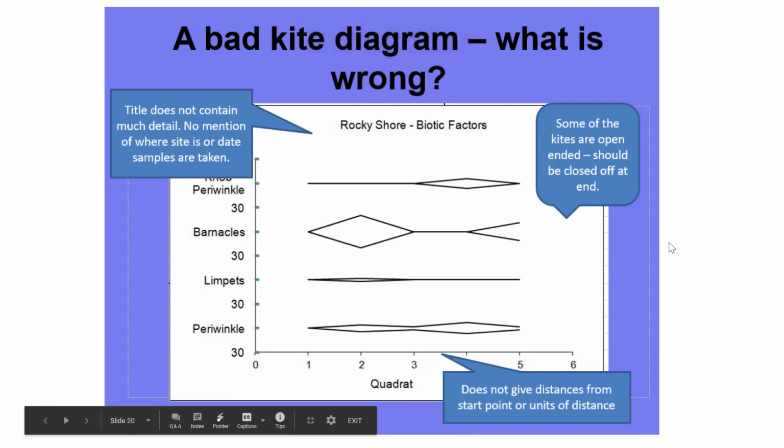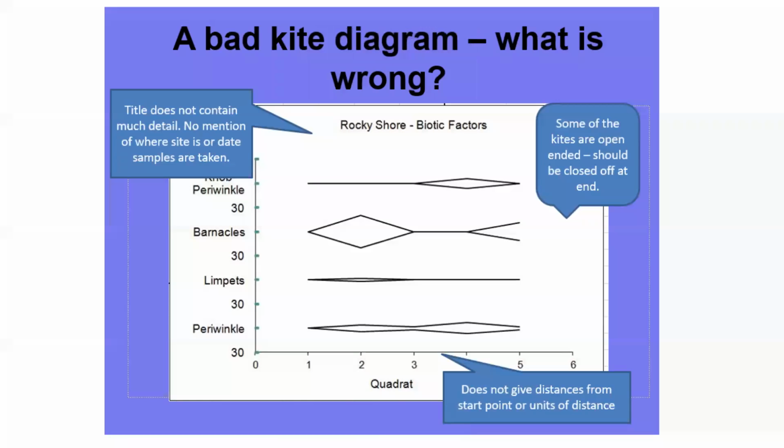And the most important thing is title. The title is very vague. The graph has been named as Rocky Shore biotic factors. Which biotic factor? No one knows. And it's not short and it is not detailed, as in precise. Title does not contain much detail, no mention of where the site is or date of the samples taken.